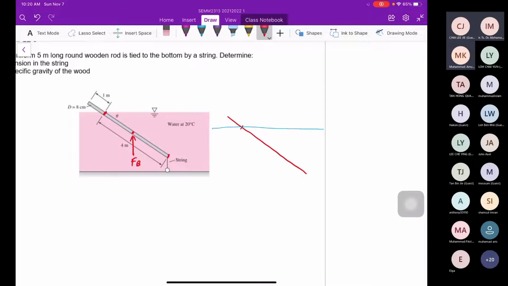Sorry, doctor. Do you share screen for this? You did share screen, doctor. We can see. Can you try to sign out and sign in again? Okay, sure.